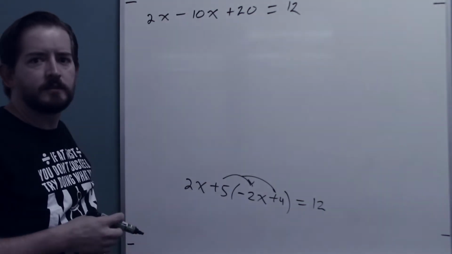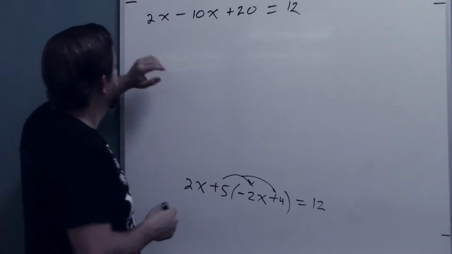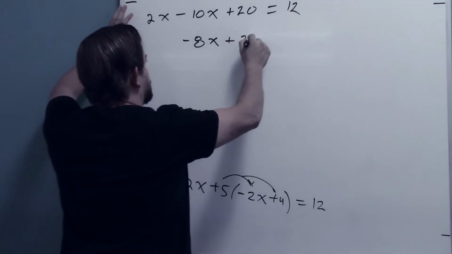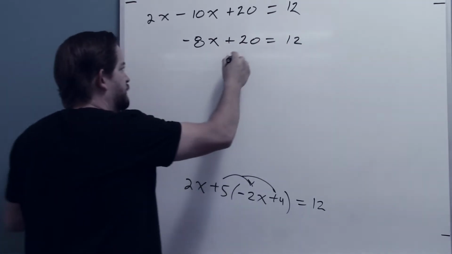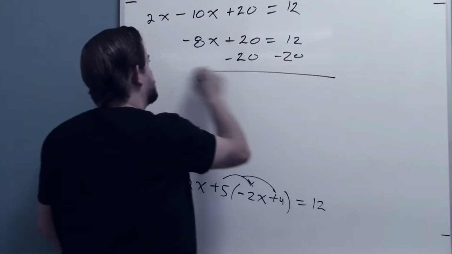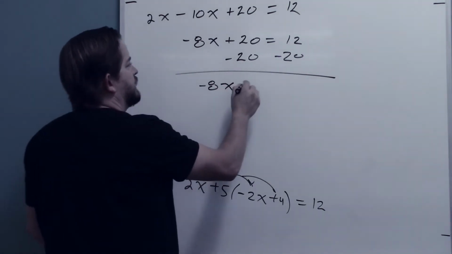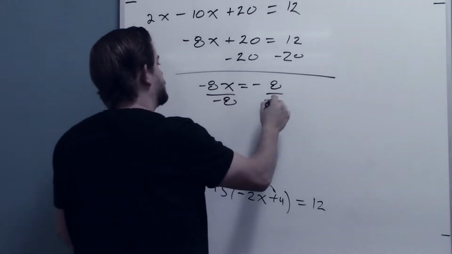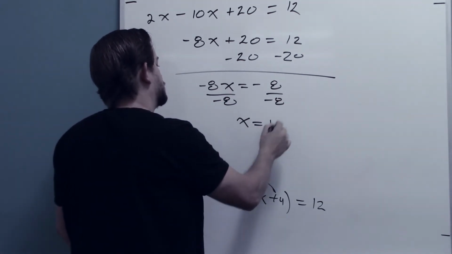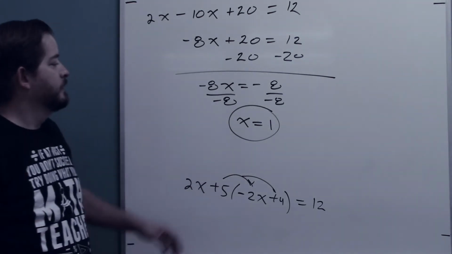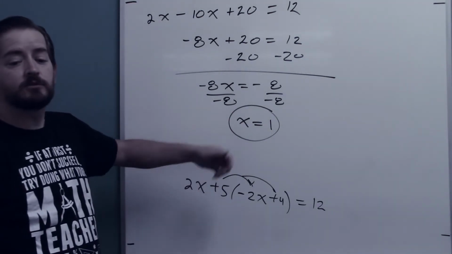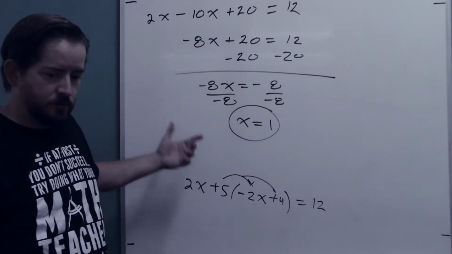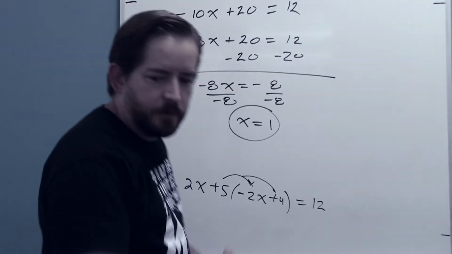Sorry, kind of leaving the screen here, I'll try to keep it in. But if I combine the x terms, I've got negative 8x plus 20 equals 12. If I subtract my 20 from both sides, I have negative 8x equals negative 8. And dividing each side by negative 8 gives me x equals 1. Now I know that x equals 1, I can plug it into any of the other equations. The one that I had divided by 3 was probably the easiest.